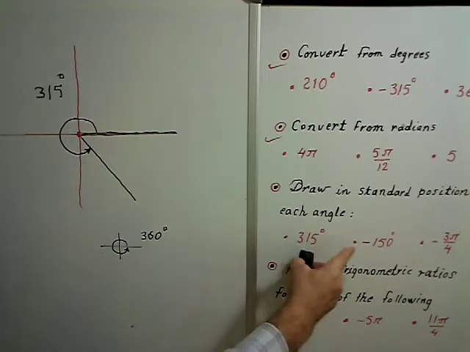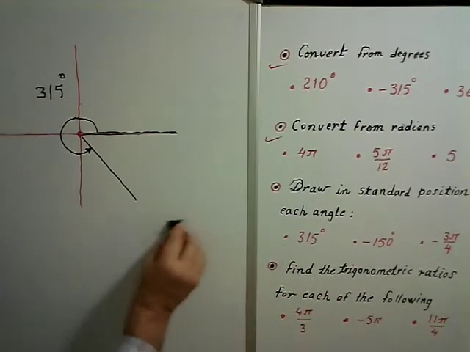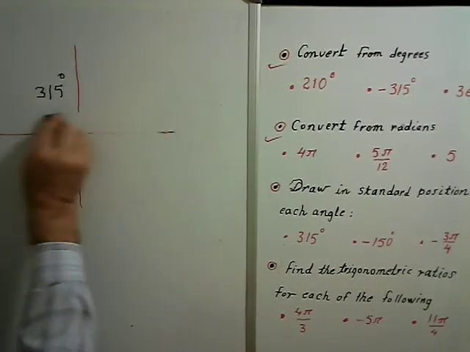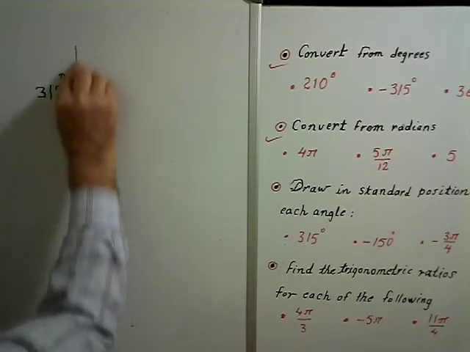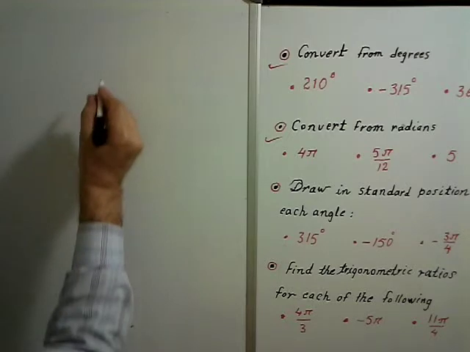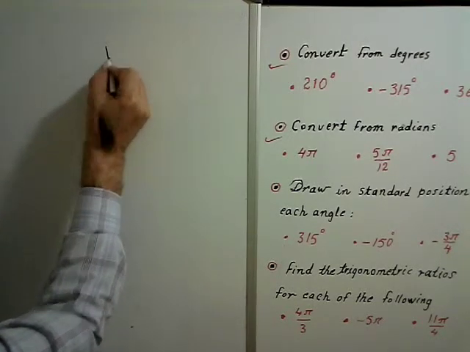Now let us go to the angle negative 150. We need to draw it in standard position. Again we will do the same thing.